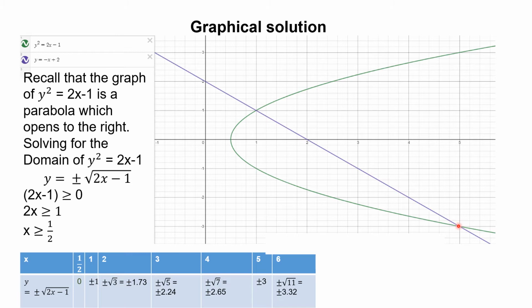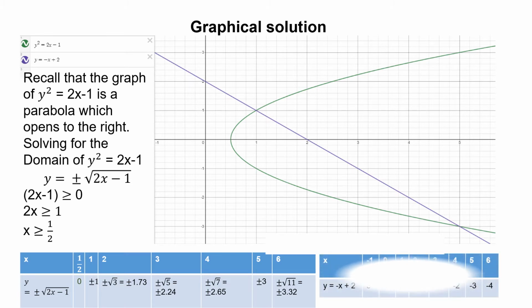On the other hand, the graph of the equation y equals -x plus 2, this linear equation, is taken from the following values.